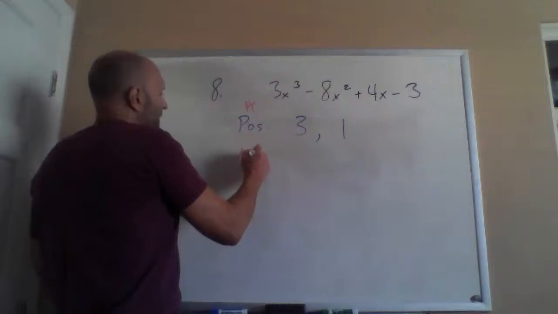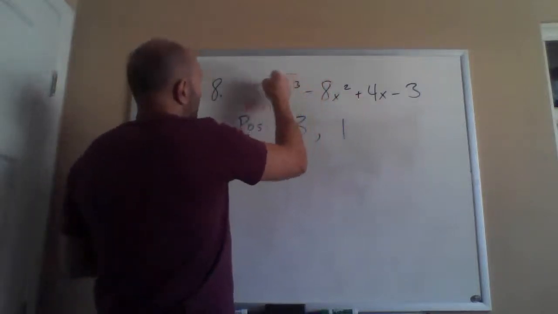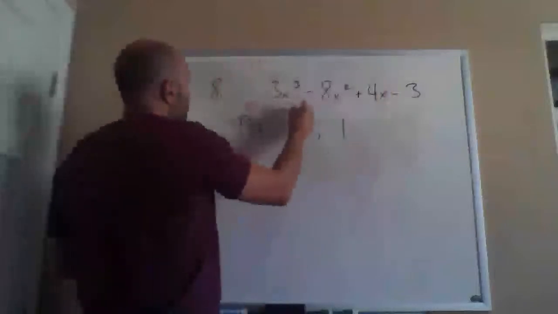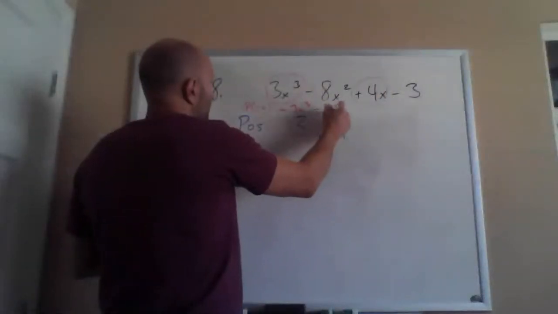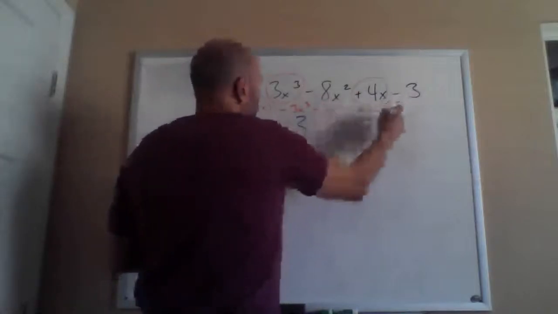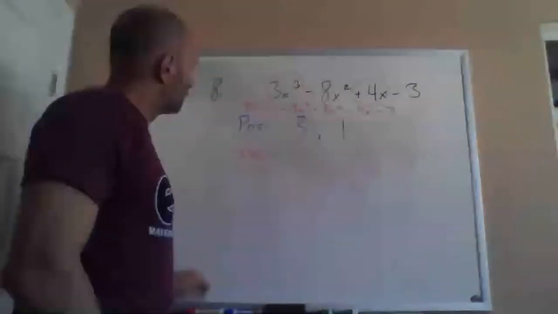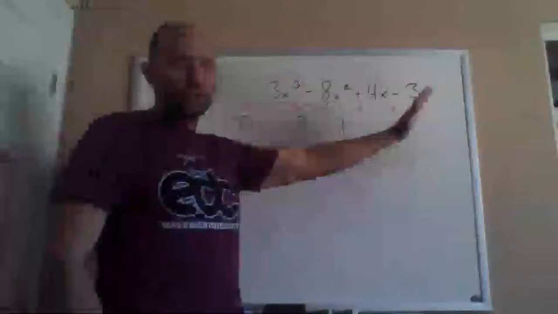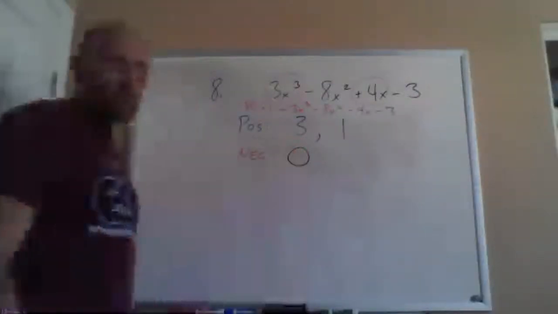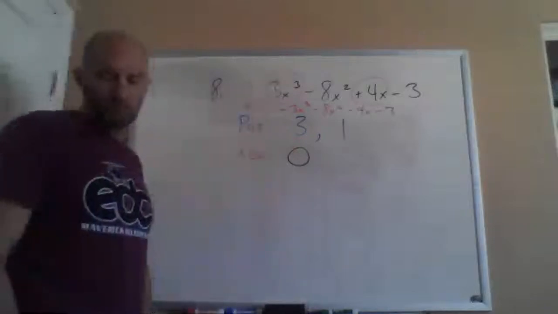So for the possible negative roots, I change anything that has an odd exponent. So these two guys here. So this becomes negative. This one stays as it is. This becomes negative. That one stays as it is. So I start negative, negative, negative. It never changes, which means I have 0 possible negative roots for this polynomial.